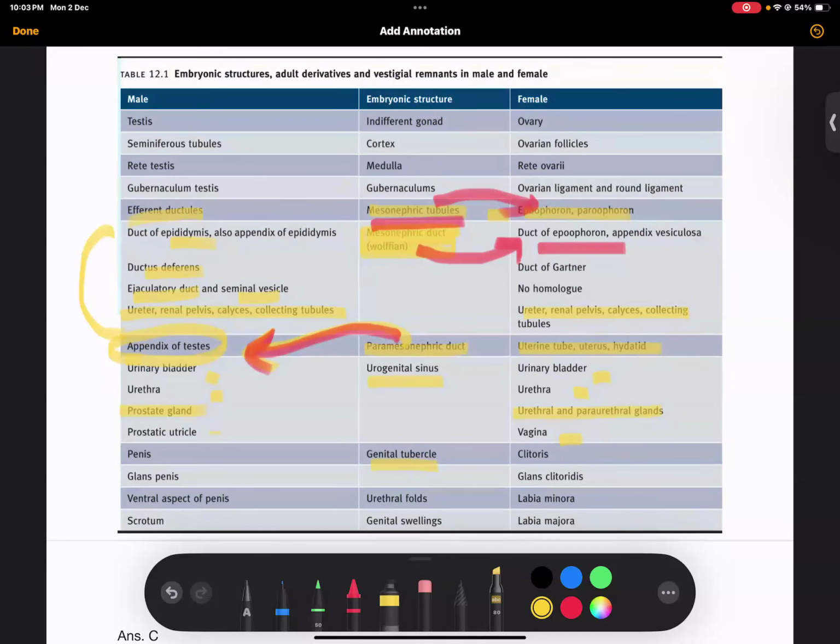Then the genital tubercle forms the clitoris and glans penis, and the urethral folds form the labia minora and the ventral aspect of the penis. Genital swellings form the labia majora and scrotum. So basically the scrotum and labia majora are homologous structures. Okay, so this is how they can ask you in the exam. So this table is very, very important.